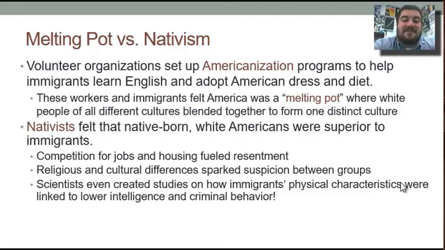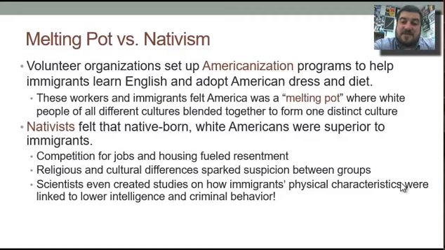But so with these new immigrants, there is competition for jobs and housing, and that fuels resentment toward immigrants. Why should they have the job? They're just getting here. Why are they willing to work for lower wages? So that sparks resentment toward immigrants. Religious and cultural differences and tight quarters in the city sparks suspicion between these groups.